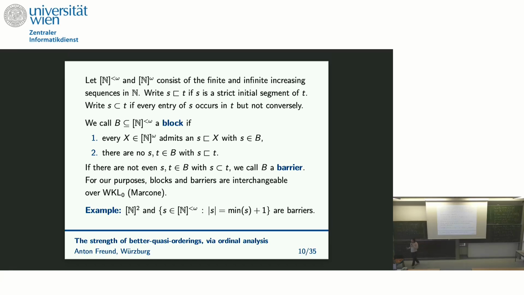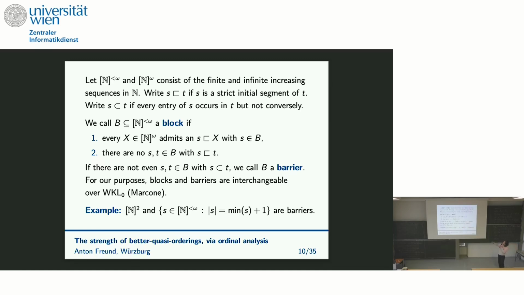So now we generalize. We've just considered the two-element sets of natural numbers, and now we have this notation that we've seen before, all the finite subsets of natural numbers, and you should think of all of these finite subsets as strictly increasing sequences that enumerate these sets.